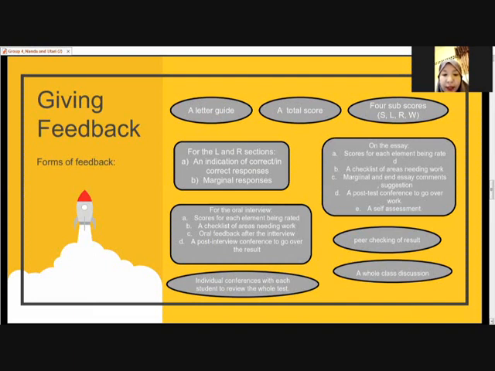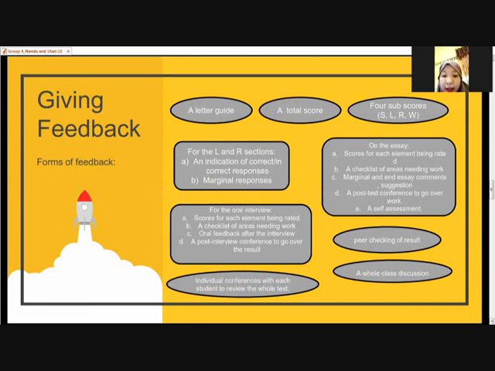For the oral interview, the scores for each element being rated, and then a checklist of areas needing work, oral feedback after the interview, and a post-interview conference to go over the results.